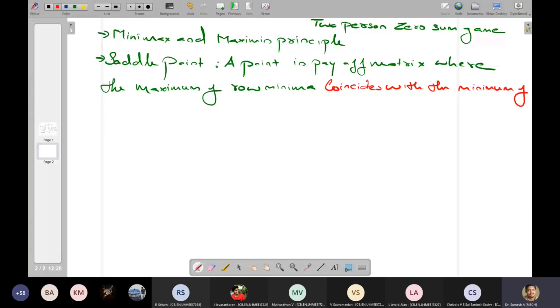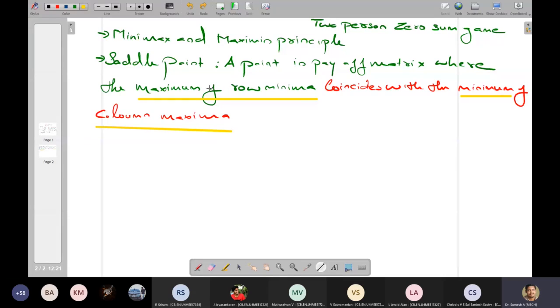From the other one, you select the column maxima, and from that select the minimum value. If both are the same, then a saddle point exists for the game.